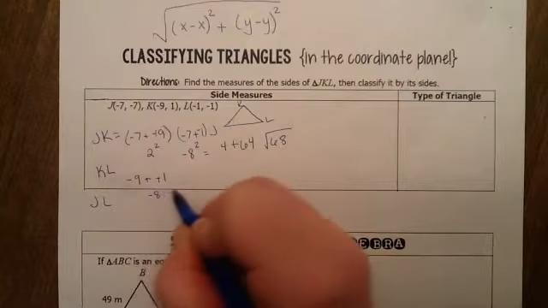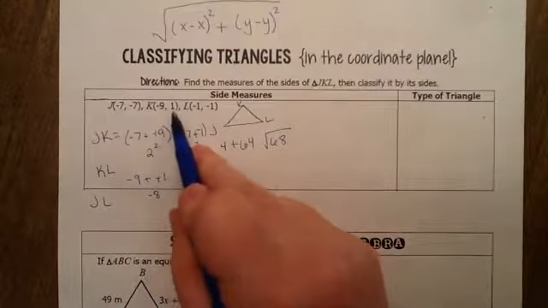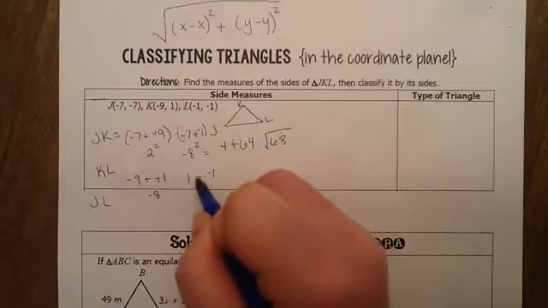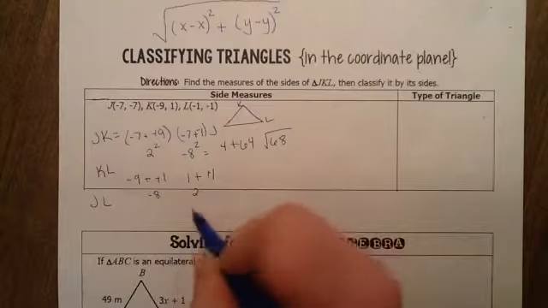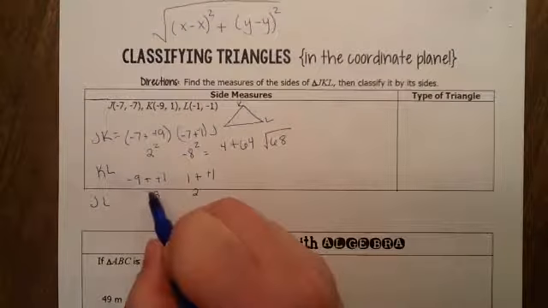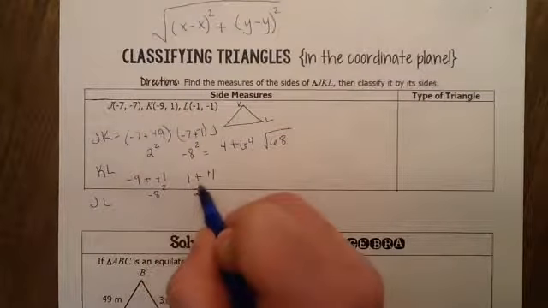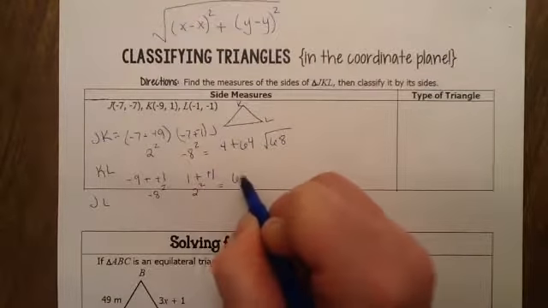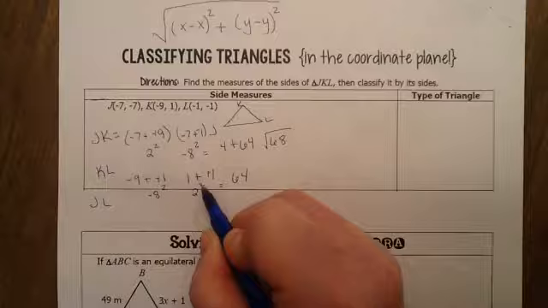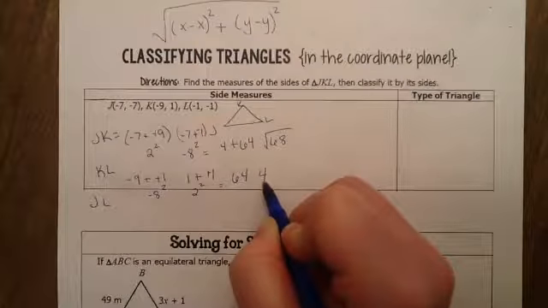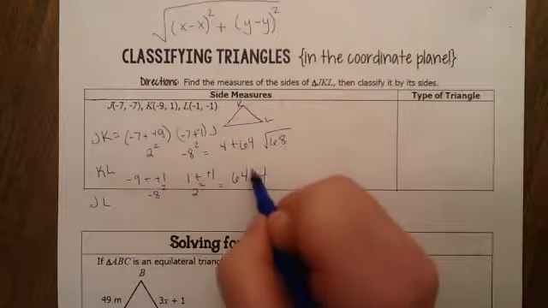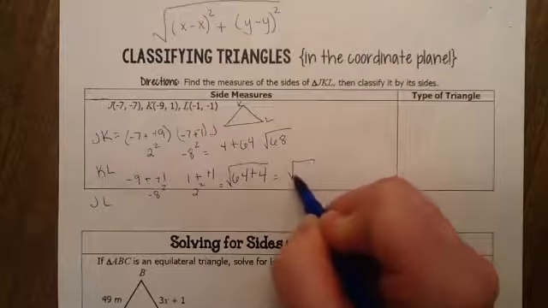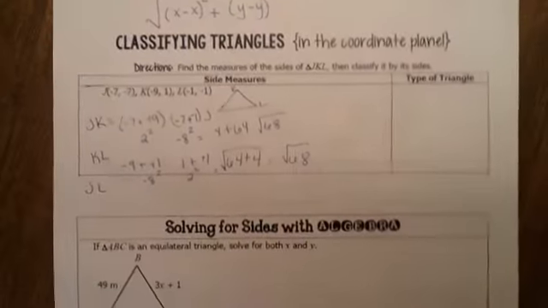It's -8. Subtract the y's. 1 minus -1. That's 2. Now what? Square them. So -8 times -8, 64. 2 times 2, 4. Add them. Square root. That gives us square root of 68.